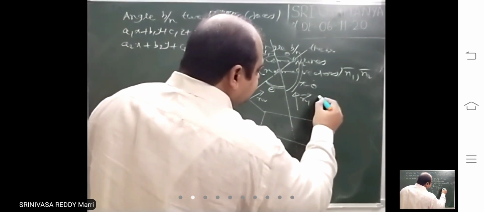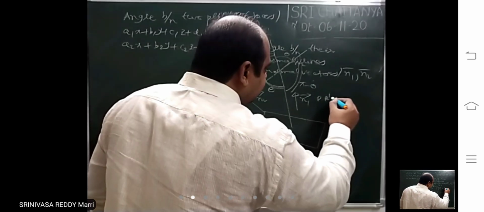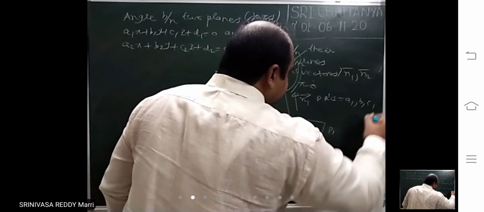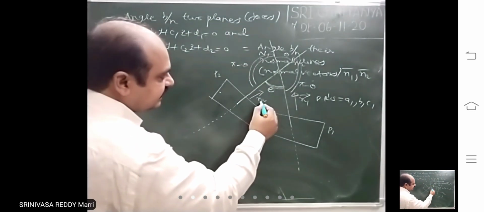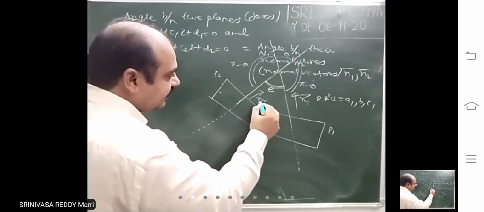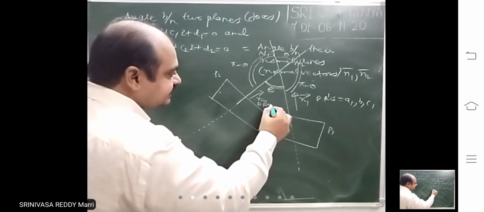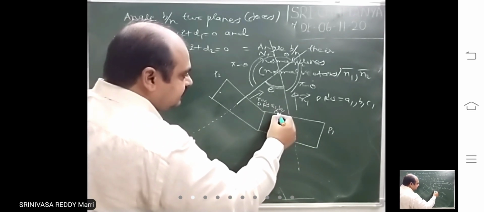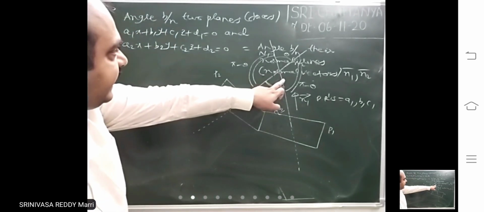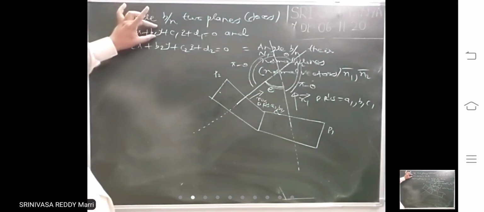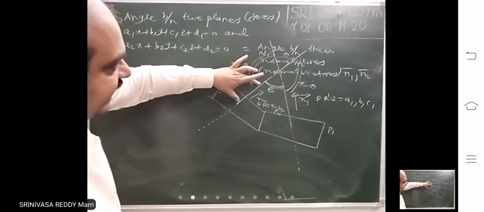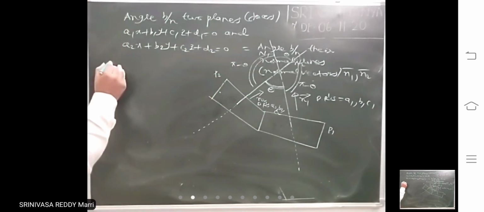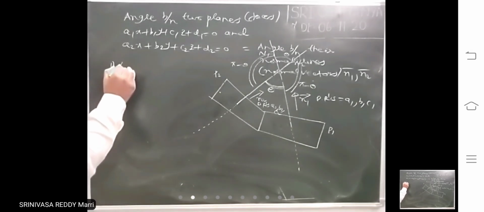That means the DRs for this line are A1, B1, C1, and for the second normal, A2, B2, C2.